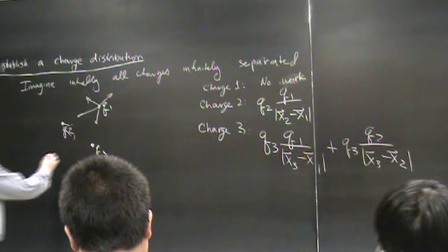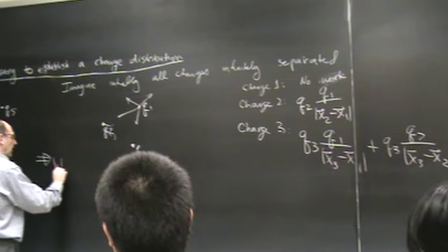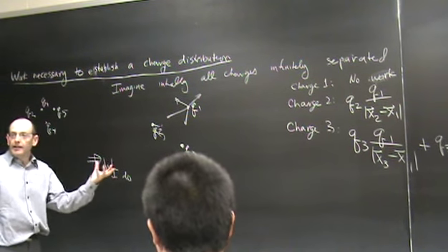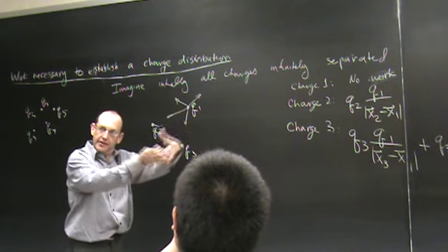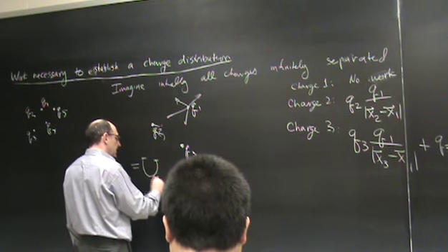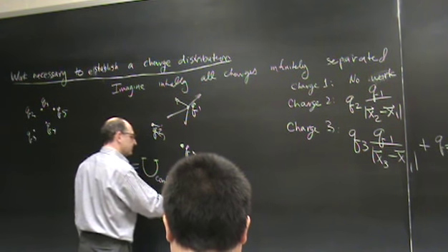So what we learned from this is that the work I do to move these charges in from infinity and position them at their final positions is what we call the potential energy of the configuration of charges.